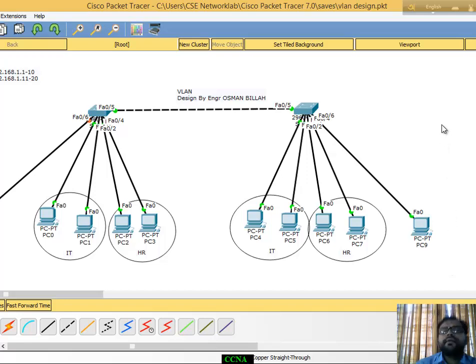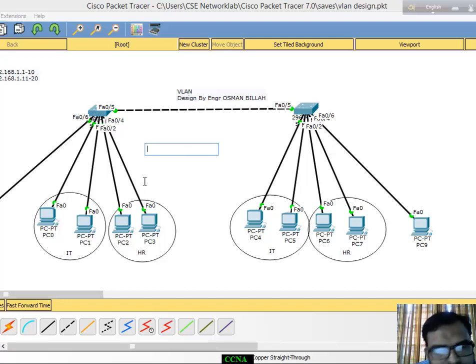We assign the code for IT. Here we discuss the IT and HR departments.